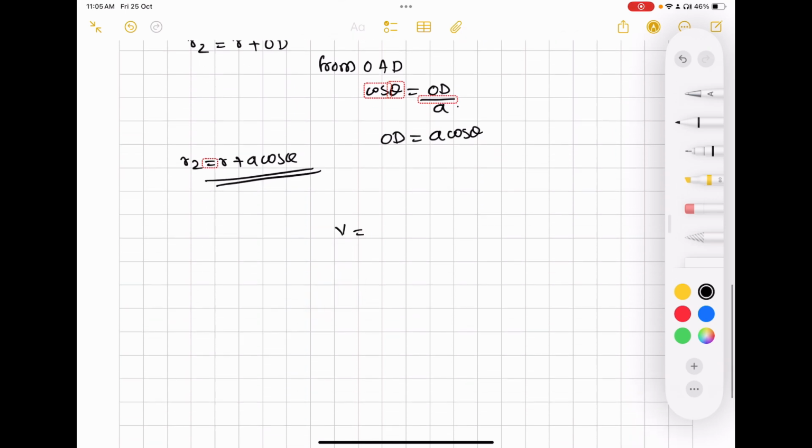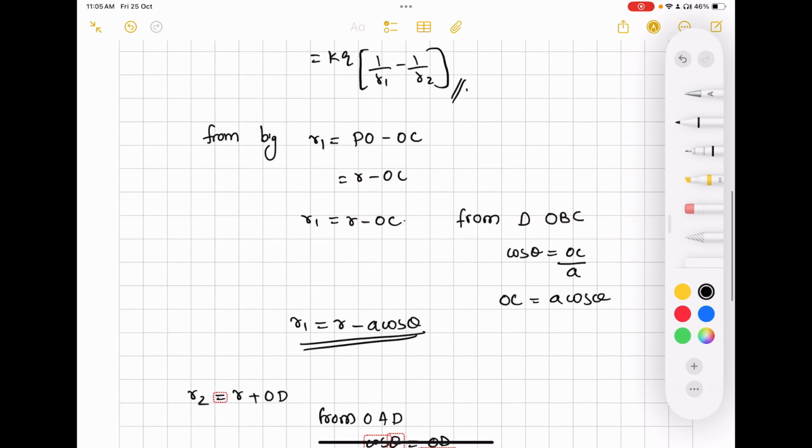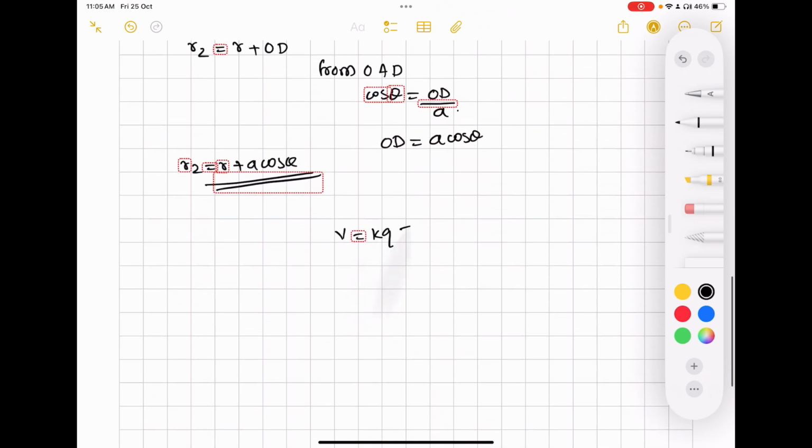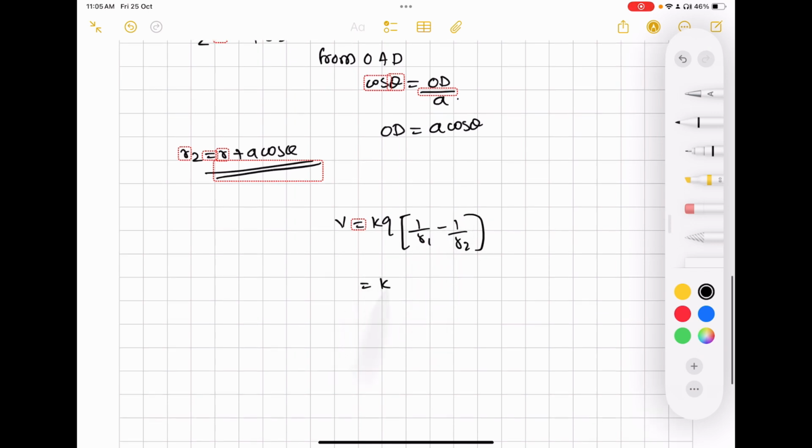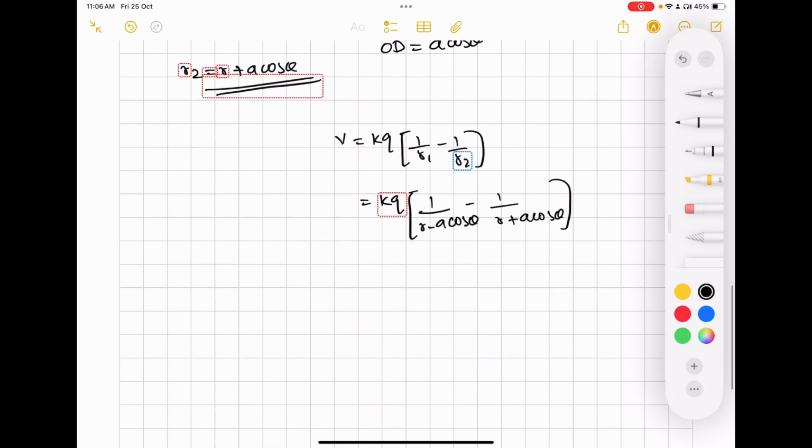We can substitute these into the equation of potential, that is V is equal to KQ times 1 by R1 minus 1 by R2. Substituting the values of R1 and R2: 1 by R minus A cos theta minus 1 by R plus A cos theta. So this will be KQ into 2A cos theta divided by R square minus A square cos square theta.